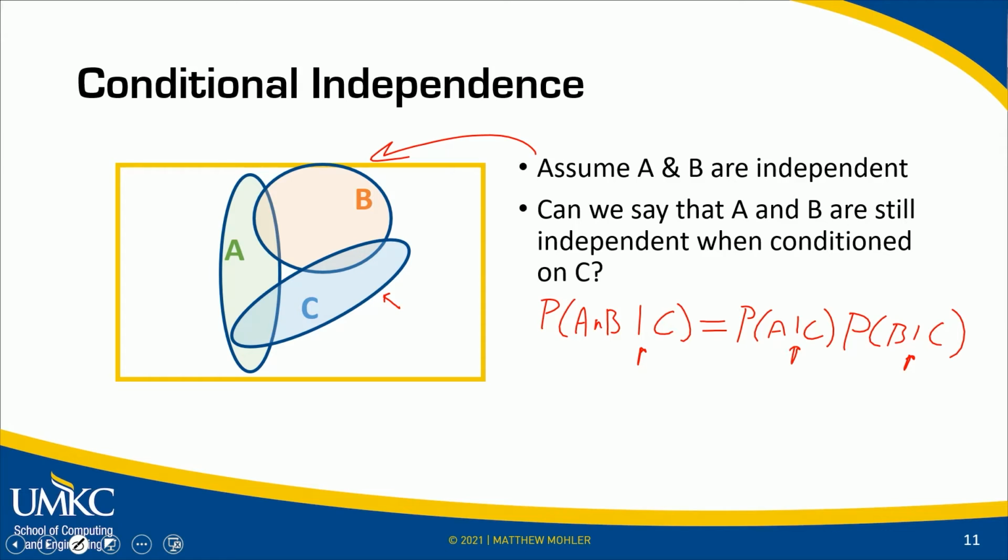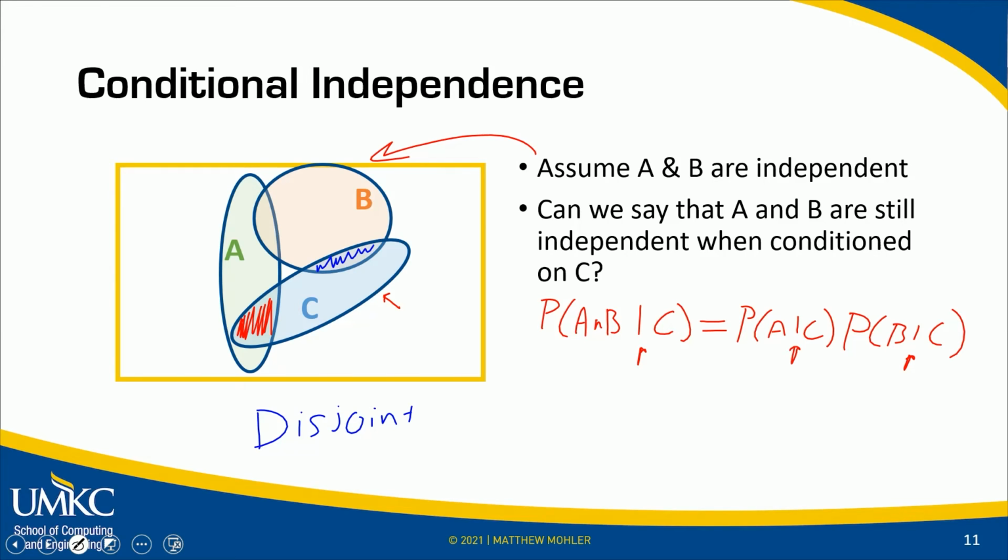And the reason for that is even if A and B are independent in their current configuration, once we condition on C, we now have an event A conditioned on C and an event B conditioned on C. And in both of these situations, you'll notice that they are totally separate event spaces, that these are now disjoint.